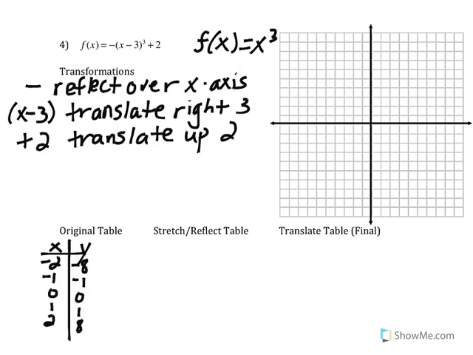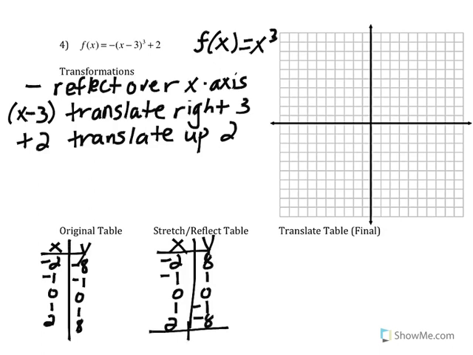First thing we're going to do is make our y column negative, or actually switch the signs in our y column. And then we're going to add 3 and add 2 because that's our two translations.